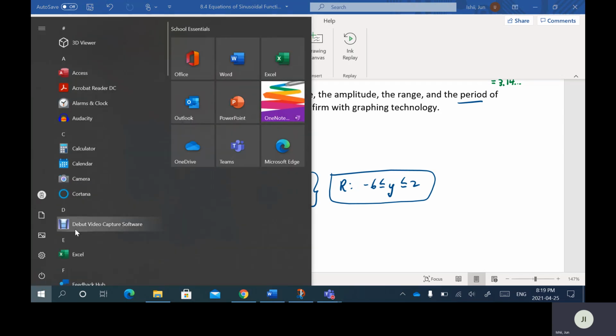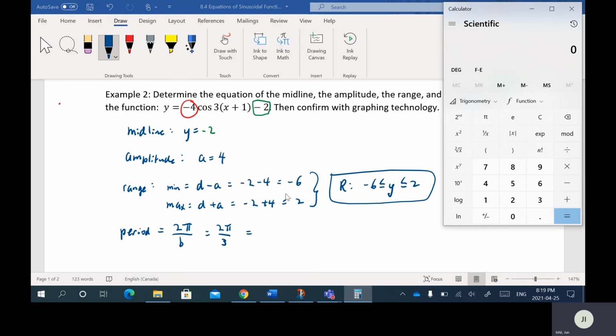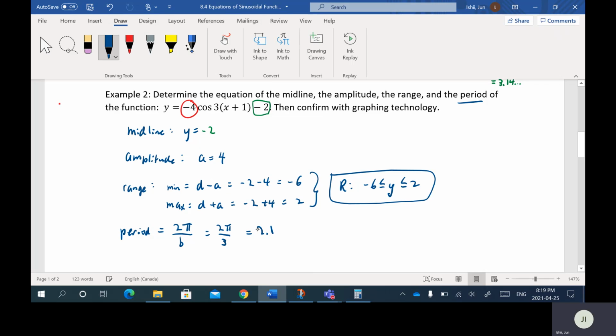So I'm just going to punch that in. 2 times pi divided by 3. All right, 2.09. So let's call it 2.1. Okay, so the period should be 2.1 units.